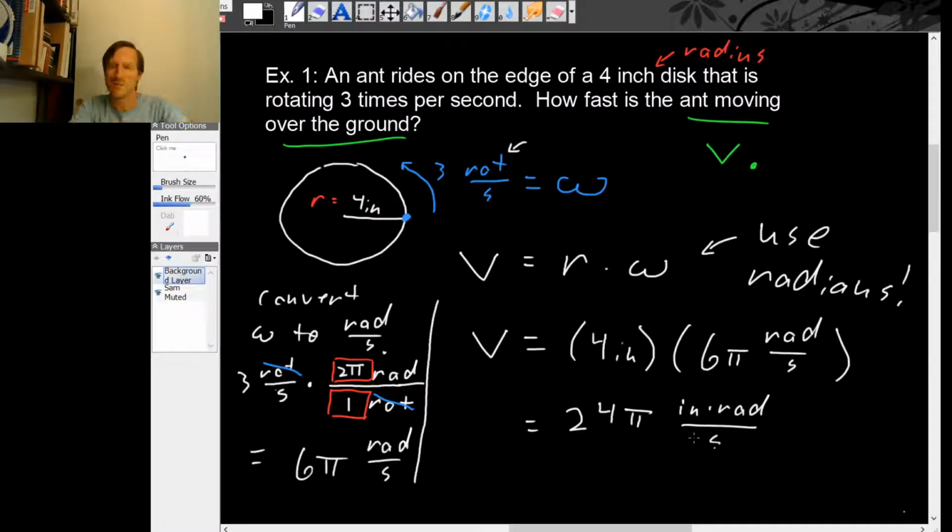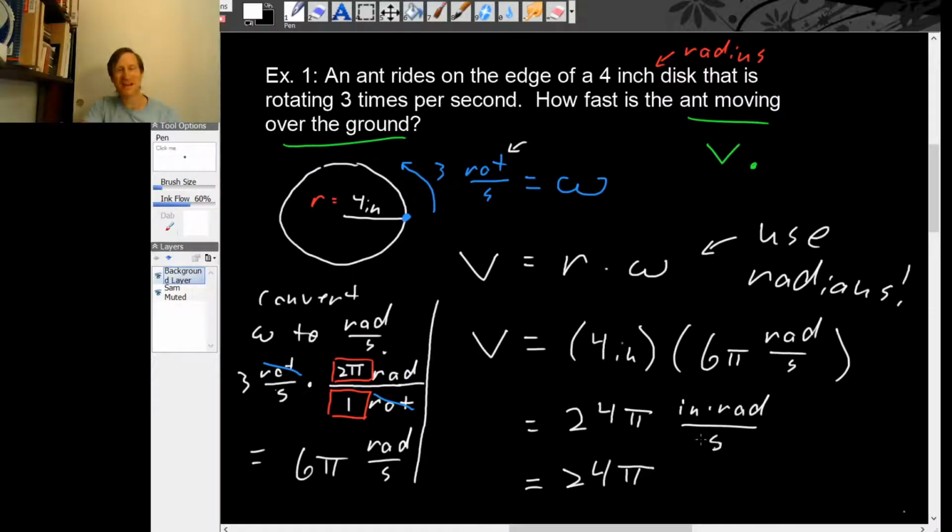All right. Well, this almost looks good. The only problem I have with this is this unit doesn't make sense. Our linear speed v should be in inches per second. So what's this radians doing here? Well, remember, the unit radians isn't really a unit. It's actually a lack of unit. The word radian is just a note to ourselves that we're measuring an angle.